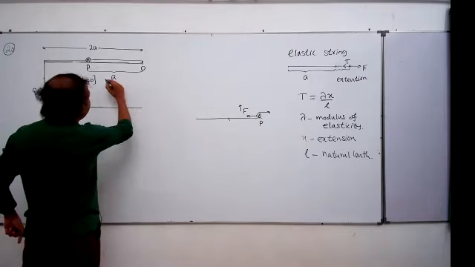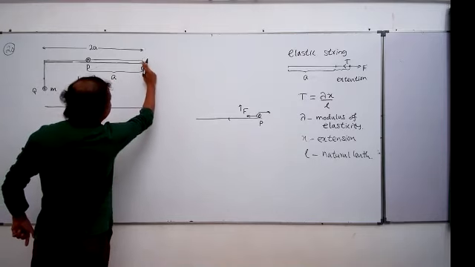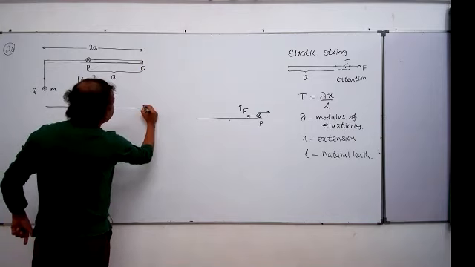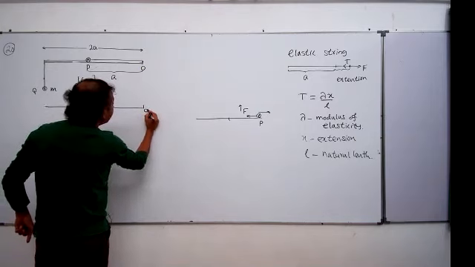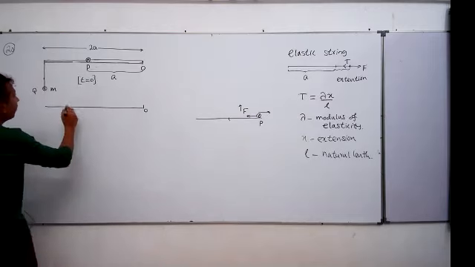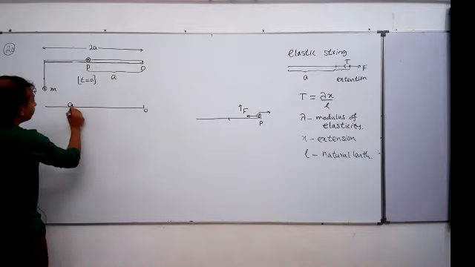Right, so the t equals 0 instant we usually draw first. And thereafter we allow the system to move a time interval t. Suppose after time interval t, particle P is here.